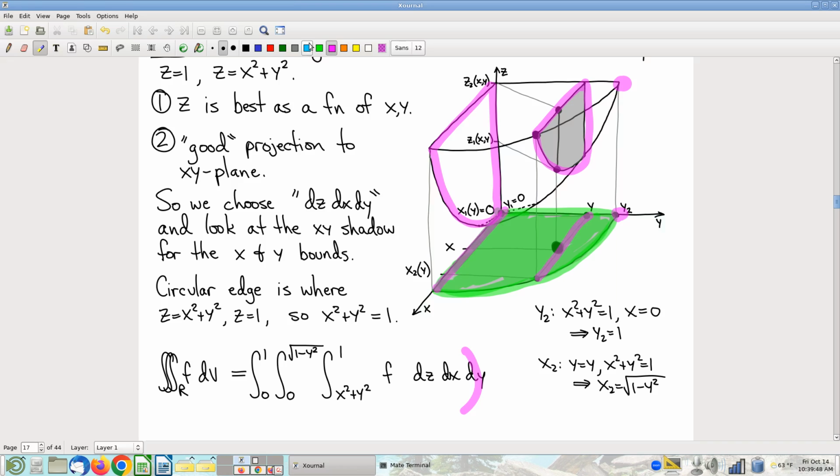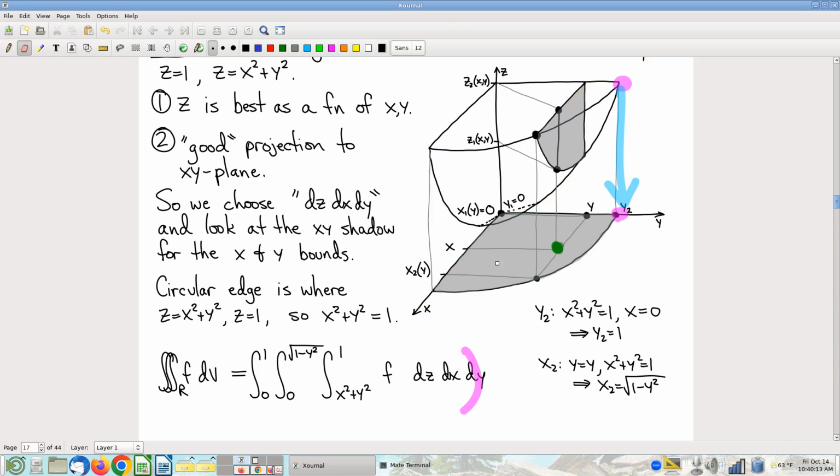Because the only difference between the solid and its projection is that I'm ignoring the Z coordinate. The Y coordinates don't change in that projection. So the range of values of Y on the projection is exactly the same as the range of values of Y on the solid.